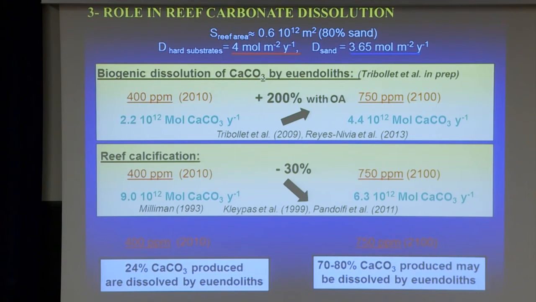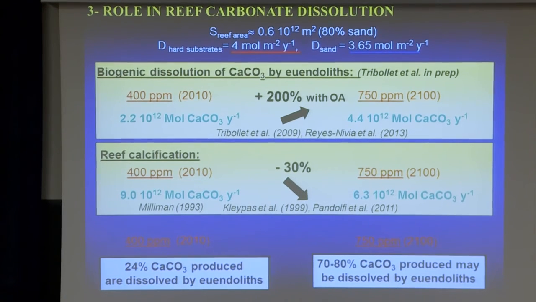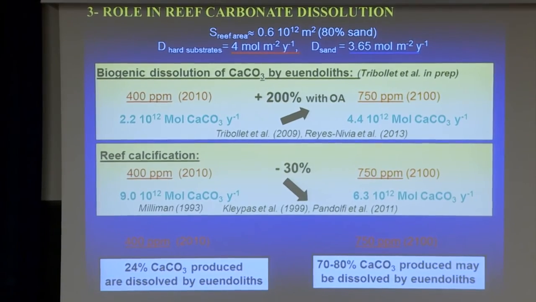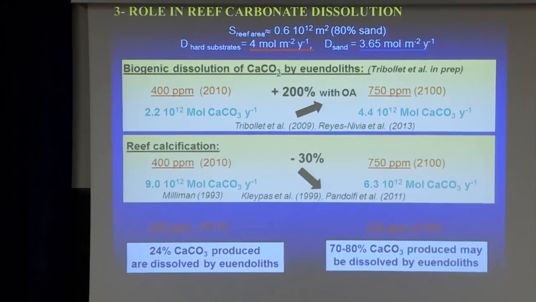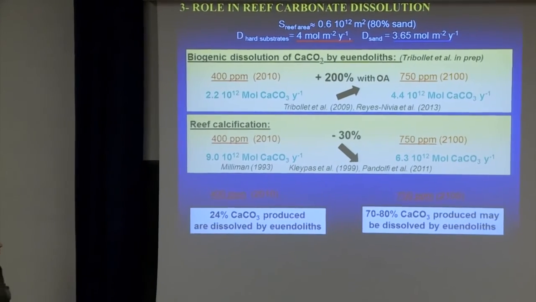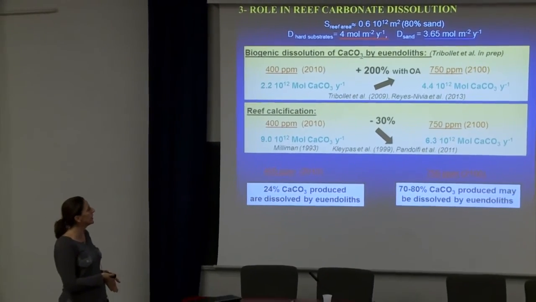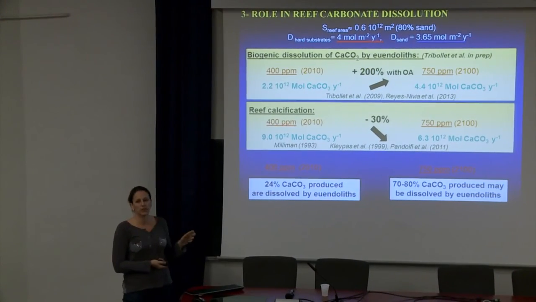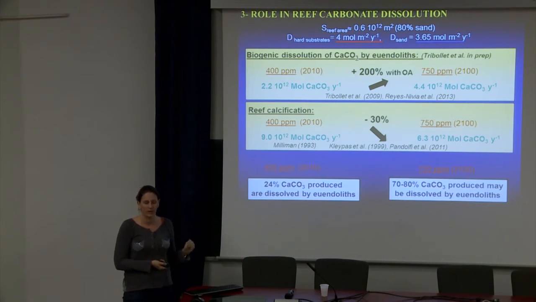So in conclusion, today we estimate that about 25% of the carbonate produced in coral reefs is dissolved by euendoliths. And it could go up to 80% by the end of the century if ocean acidification, eutrophication, and other factors are stimulating their activity. And that's just talking about dissolution by those microbes.